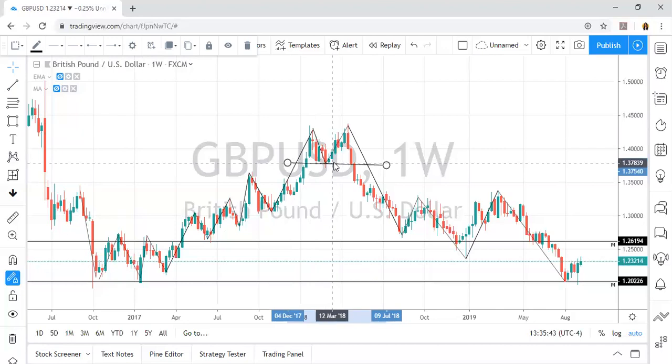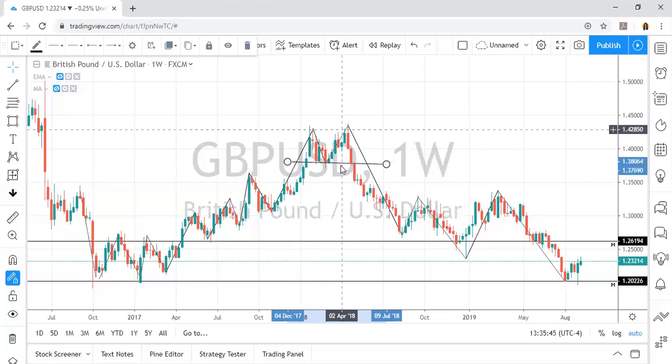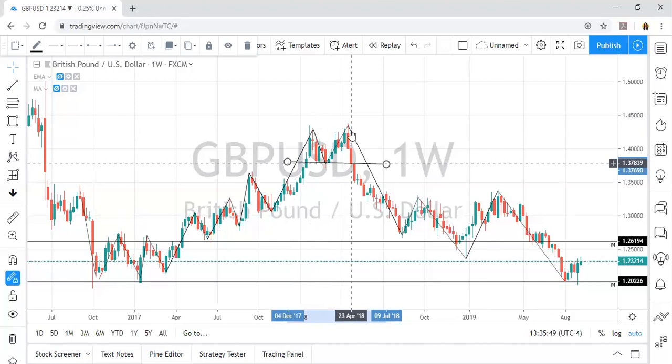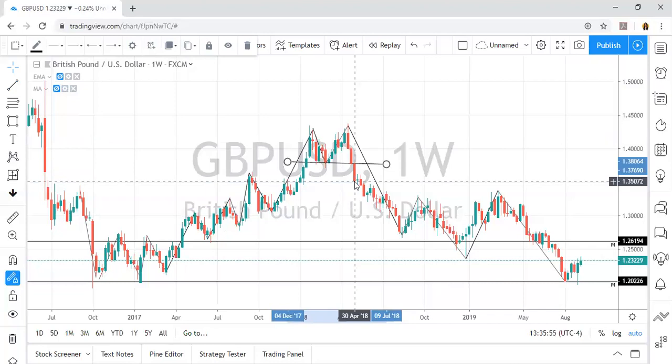Now, once the market actually closed below this trend line here, I will then go down to a smaller time frame and look for the retest. Okay. Now, since we're on the weekly time frame, I will actually wait for that weekly candlestick to form another bearish candle.